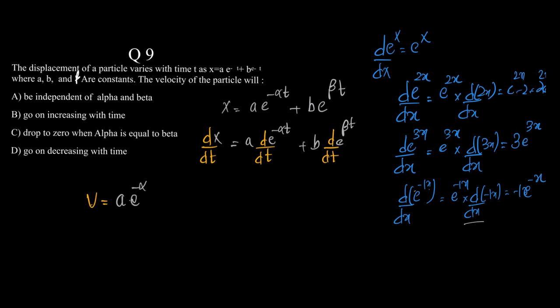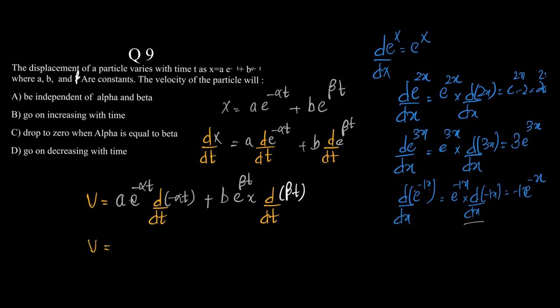It is e raised to minus alpha t into d by dt of minus alpha t, plus b into, what is d by dt of e raised to beta t? It is e raised to beta t into d by dt of beta t.